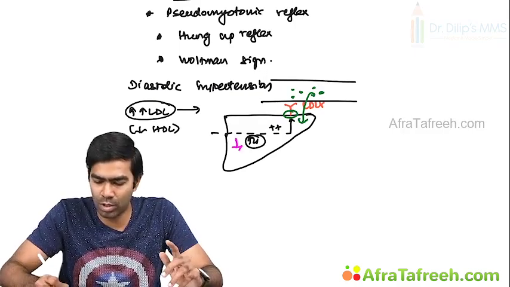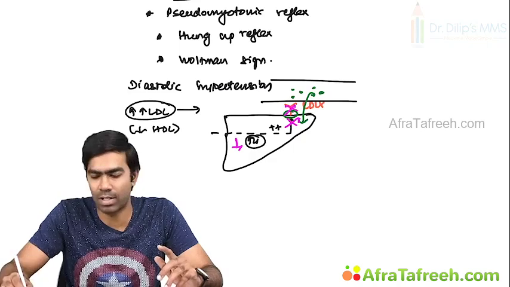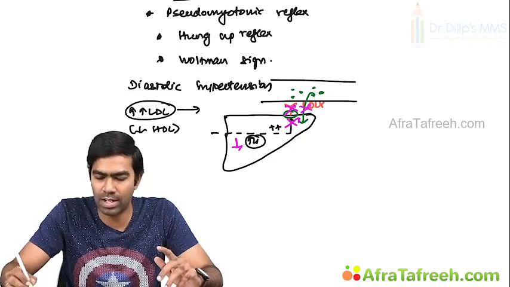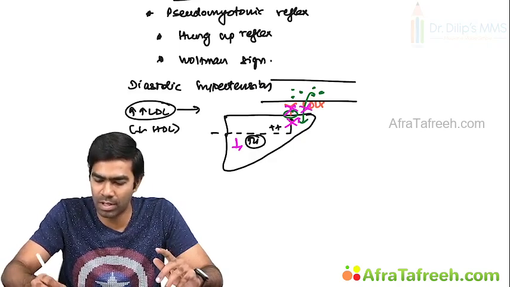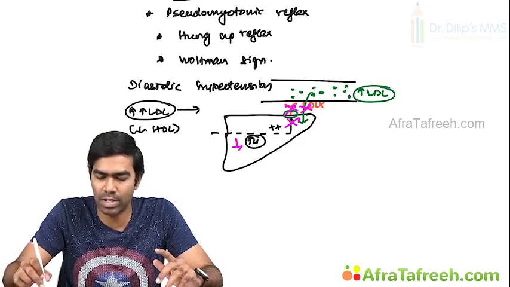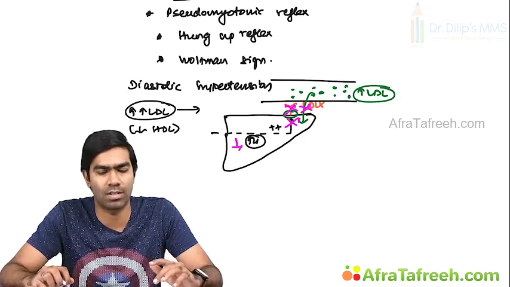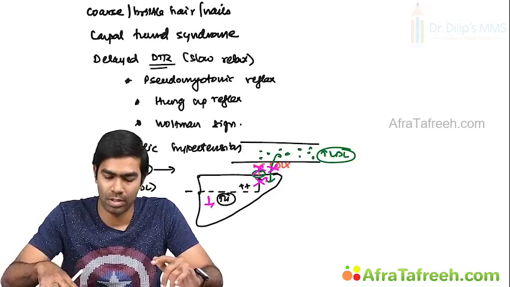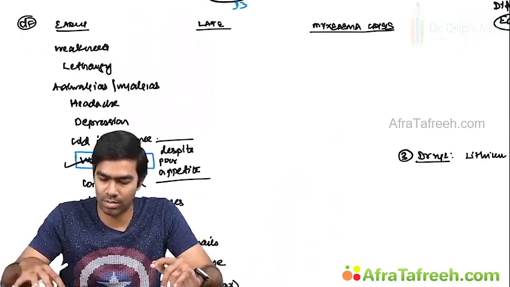Hypothyroidism means you don't have a sufficient number of LDL receptors, which means the uptake of LDL from the blood will be less, which means there will be a lot of LDL accumulating in the blood, resulting in excess LDL, and this might even predispose to high cardiovascular risk. So very important point. Okay, these are the early features of hypothyroidism.